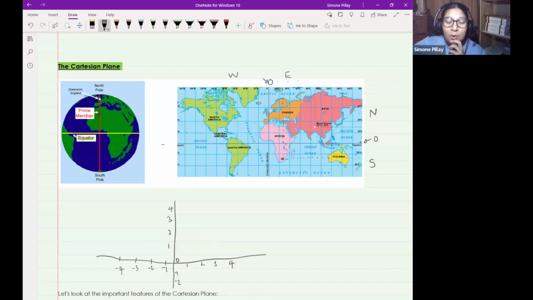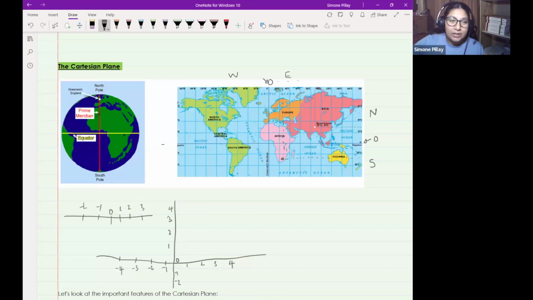I'm seeing the question, why is the 0 in the middle? Think about a number line. It starts at 0 and then it goes 1, 2, 3. Then this one goes -1, -2.